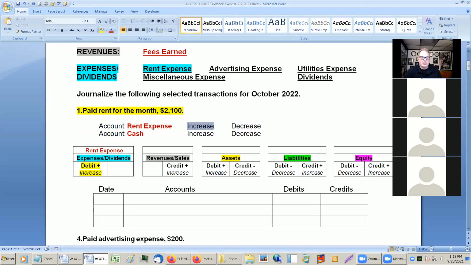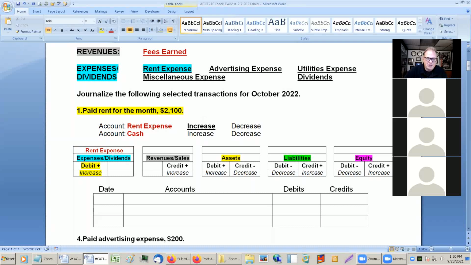And the nice thing about expenses, when you're doing the journal entries, a pretty good rule of thumb, 99.9% of the time, expenses are debits. They don't go down. But like I say, unless something weird happens, like somebody sends you a check back. For the most part, they never go down. They just keep increasing.